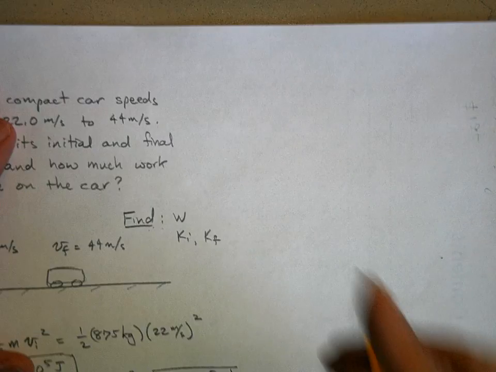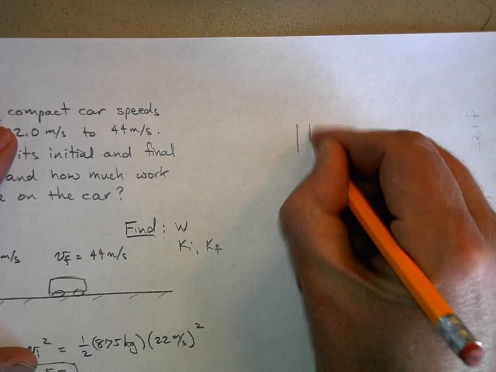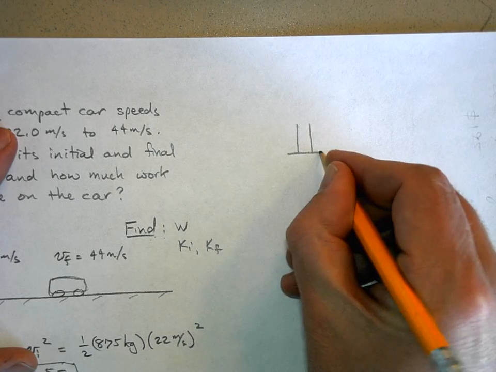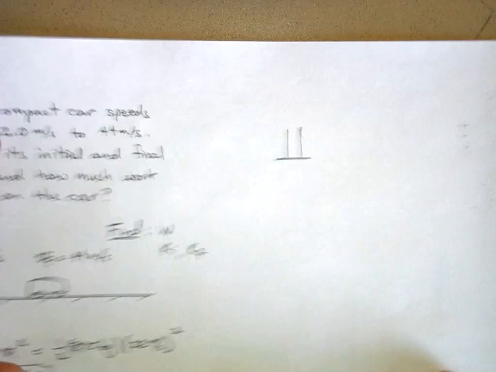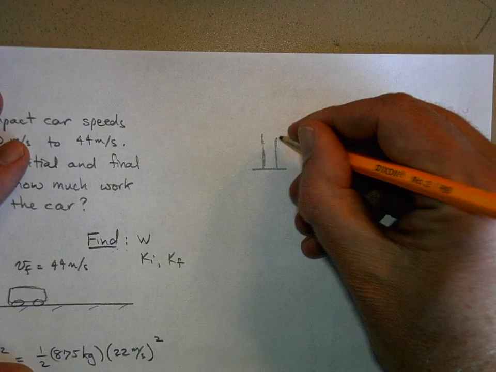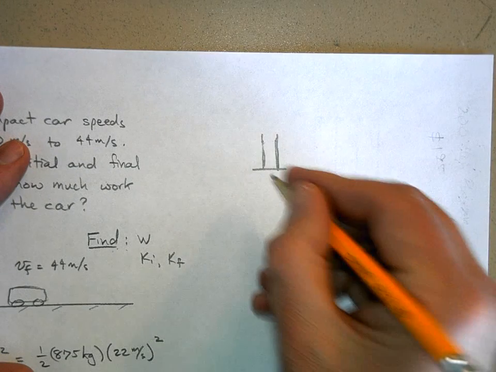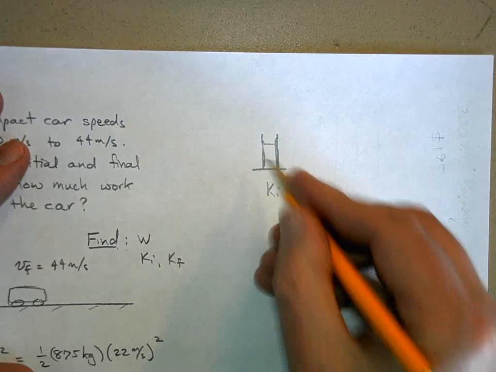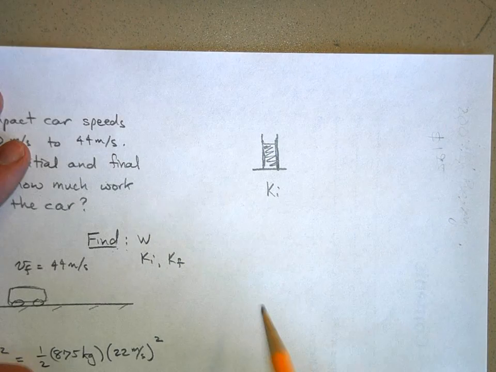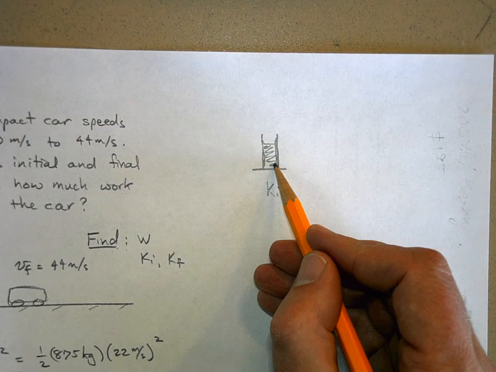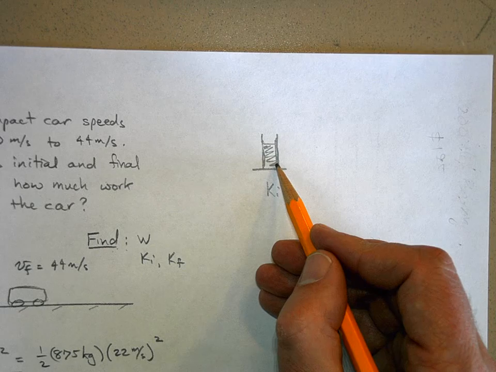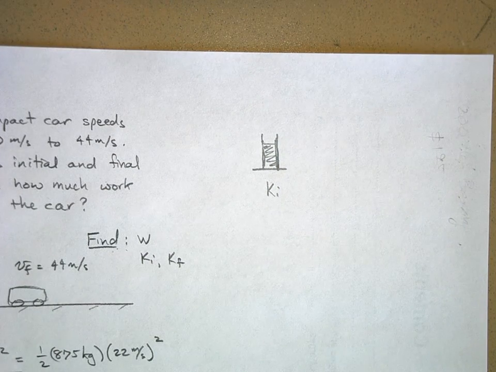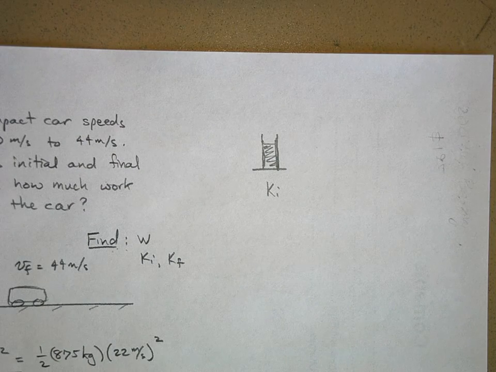So here's our kinetic energy container. So think of the car. Here is the initial kinetic energy, and that represents the 2.12 times 10 to the 5 joules. Now the engine is going to do work.